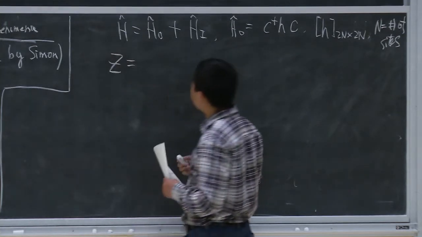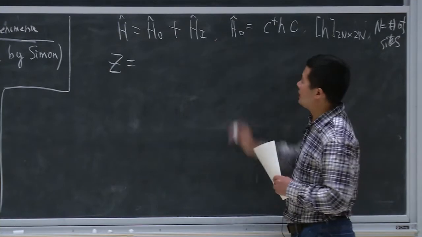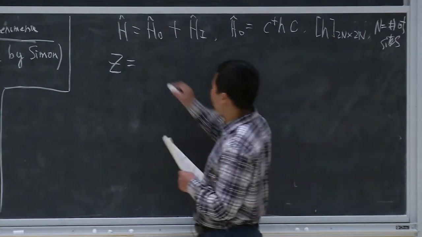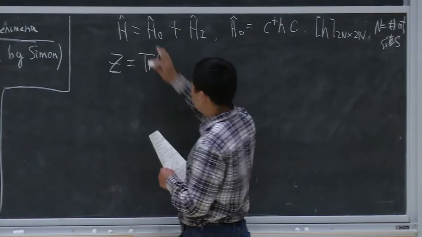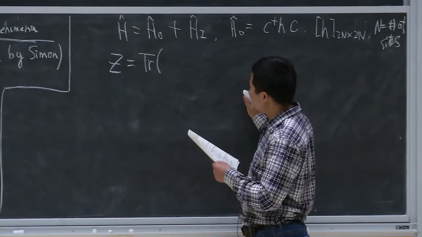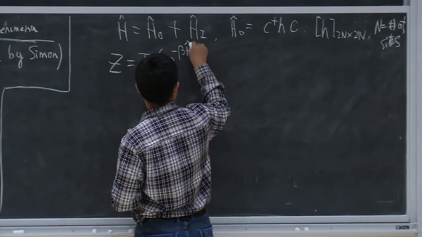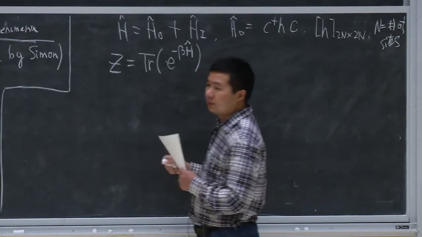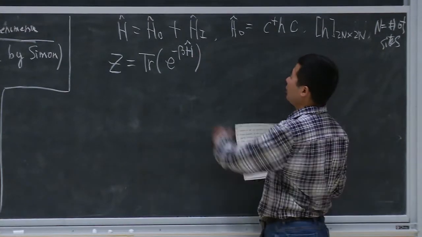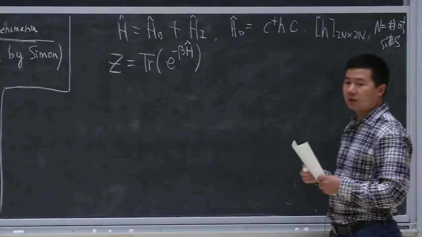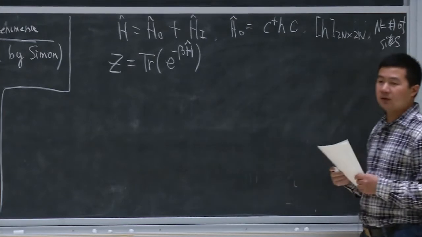To compute the physical property of a system described by this quantum Hamiltonian, we usually compute the partition function associated with this Hamiltonian H, which is the trace of e to the minus beta H. As the Hilbert space of this quantum many-body system is exponentially large, doing the trace is exponentially hard.